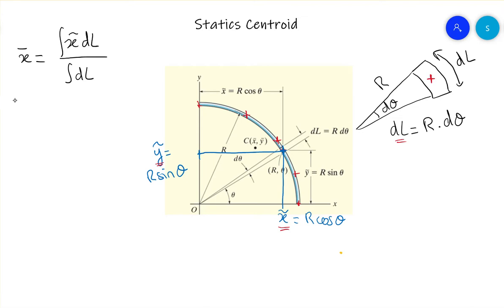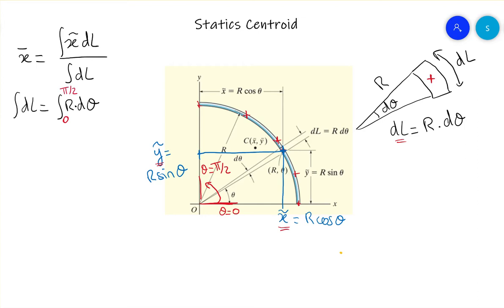So let's find first the integral of dl. That's the integral of r d theta. The question is, what are the limits of theta? The angle begins at theta equals 0 and goes up to theta equal to pi divided by 2. So the limits are from 0 to pi divided by 2.